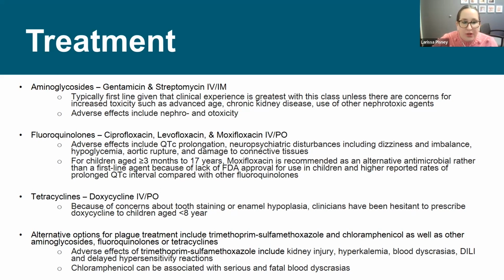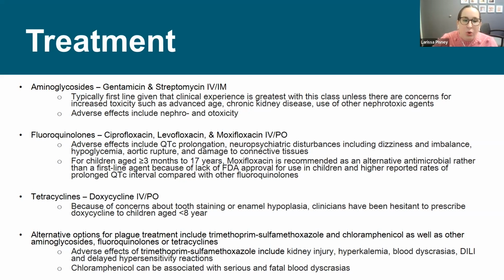And so for fluoroquinolones, which obviously are a very common agent, adverse effects include QTc prolongation, neuropsychiatric disturbances, including dizziness and imbalance, but in some individuals more severe delirium, hypoglycemia, aortic rupture, and damage to connective tissues. But typically we don't think about those things unless patients are on a very prolonged course.